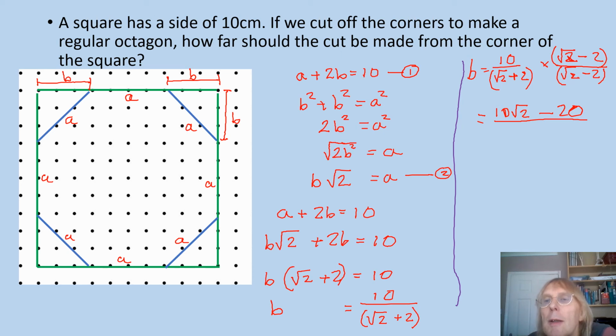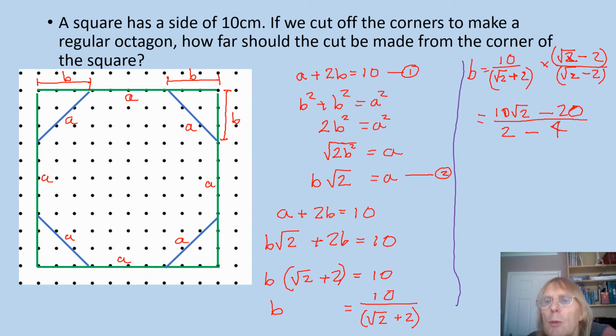So 10 root 2 minus 20 on the top, and on the bottom we've got a double bracket that we're going to expand. So root 2 times root 2 is just going to give us 2. Root 2 times minus 2 will give us minus root 2. Plus 2 times root 2 will give us plus root 2. So those two will cancel out, and we will have 2 times minus 2, which is minus 4. So we've got 2 minus 4.